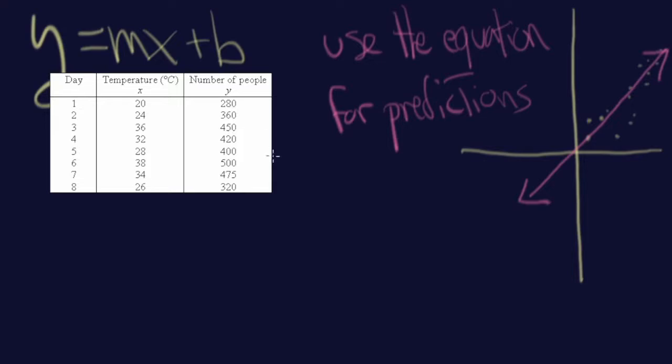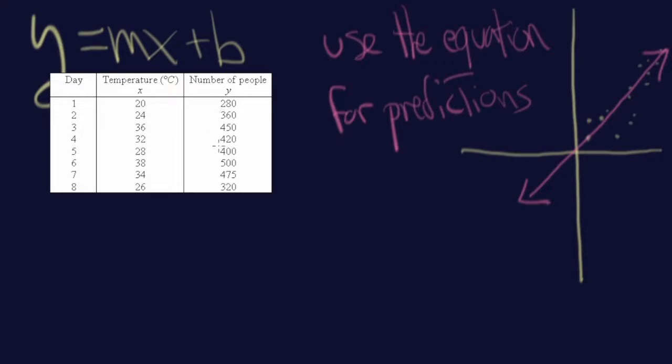And you can see the data, this is some data that we've just gathered, and some of the data is not completely arranged, but these are basically our ordered pairs. So remember this, on day 1, there was 280 people, and then the temperature was 20. So as the temperature goes up, you can see that there was more people. So maybe this is, I don't know, maybe this is just taking a look at what happens at a beach. I don't know. But we do know as the temperature increases, we can see some sort of increase in people.